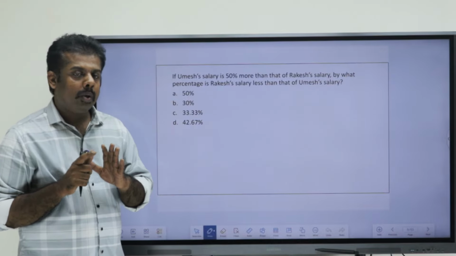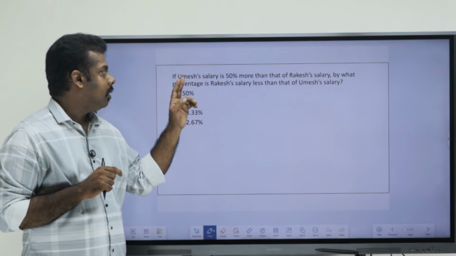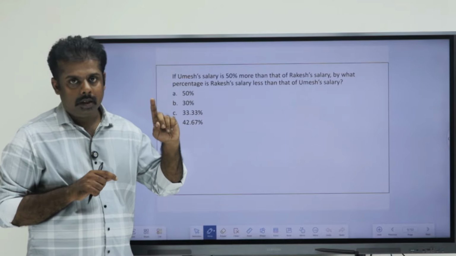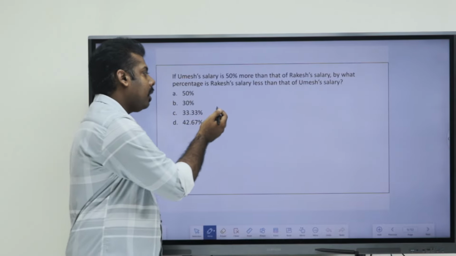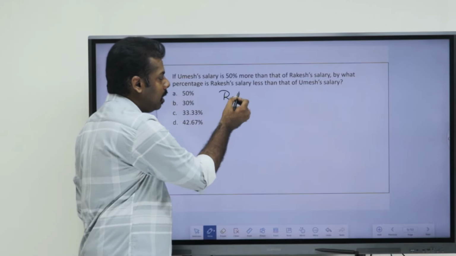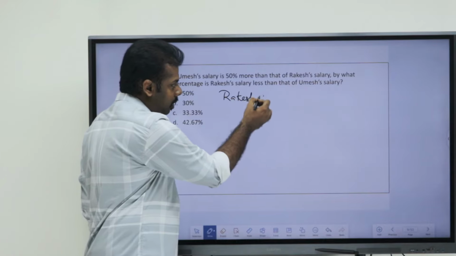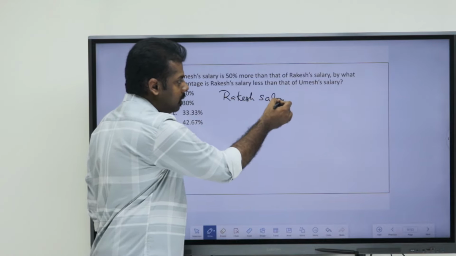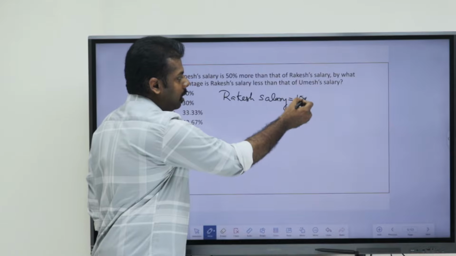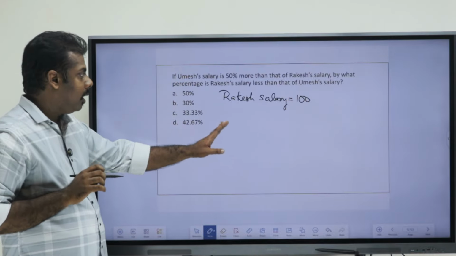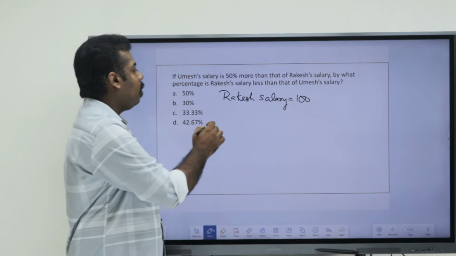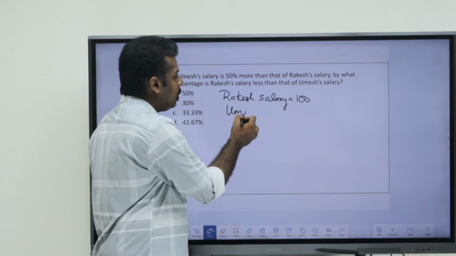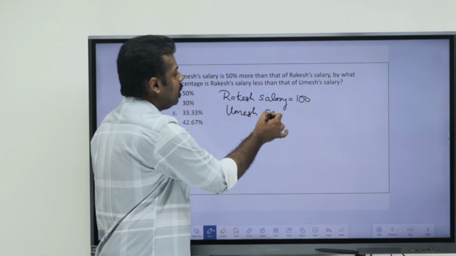Okay. So same process here as well. They have compared Umesh's salary with Rakesh's salary. So what you have to do, like we did in the last question, is take Rakesh's salary as 100 here. If Rakesh's salary is 100, Umesh's salary has to be 50% more than Rakesh's salary.